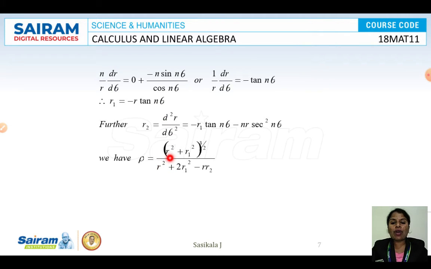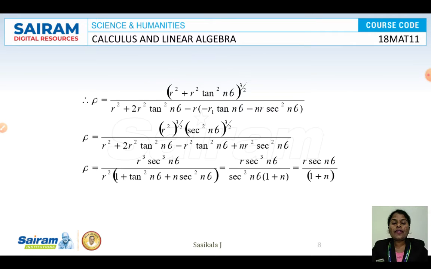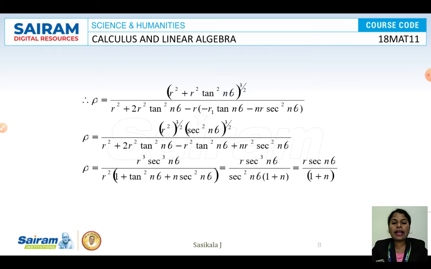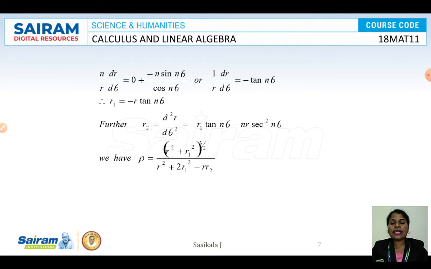So rho is equal to (r² + r1²)^(3/2) by (r² + 2r1² − r r2). Now substitute here r1 and r2 from this result. I have (r² + r² tan² nθ)^(3/2) by r² plus 2r² tan² nθ. So this is for r², as it is 2r1².